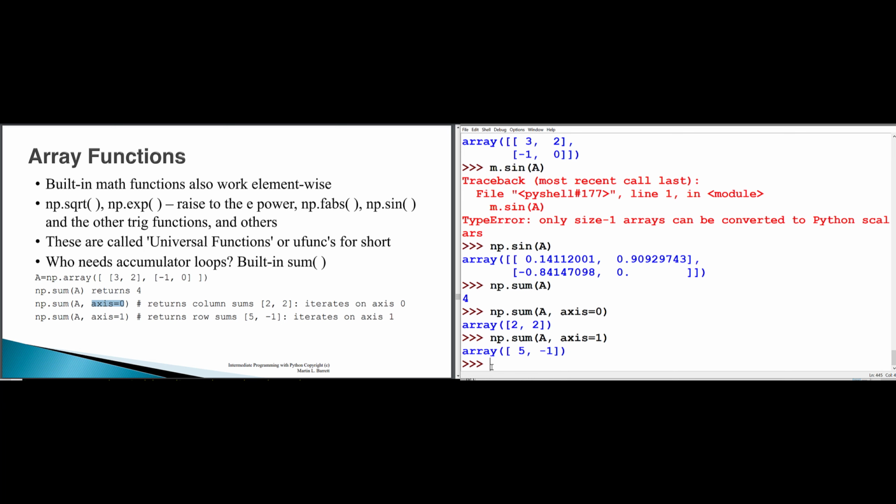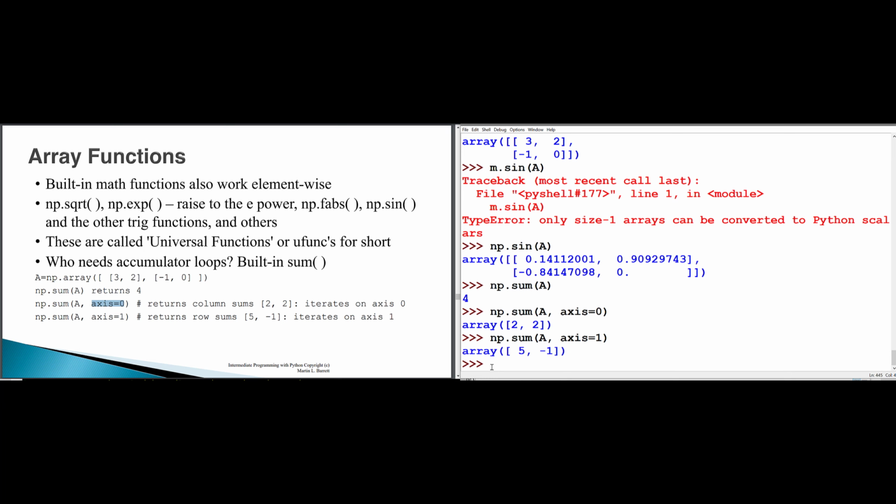And this is a nuisance to have to remember that axis 0 means that you want to produce, well, actually what you're doing is axis 0 means that you're summing over the rows, but the result is going to be the sums of all the columns. Axis 1 means you're summing over the columns.